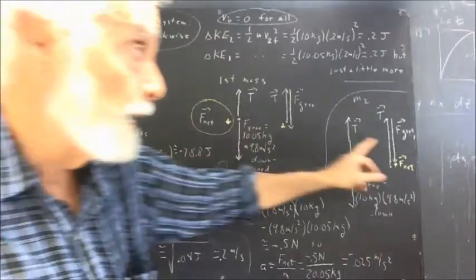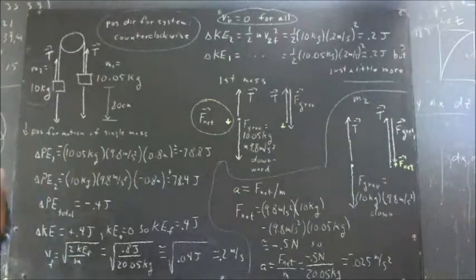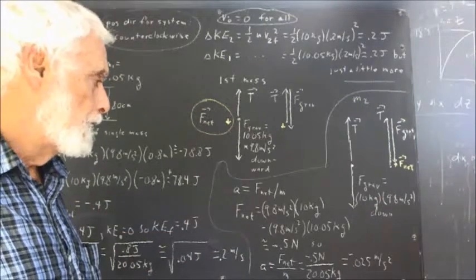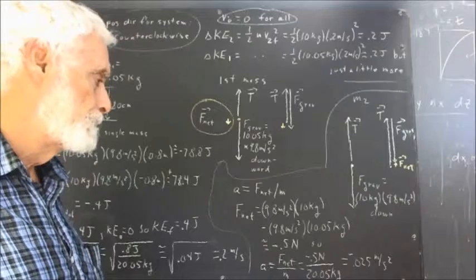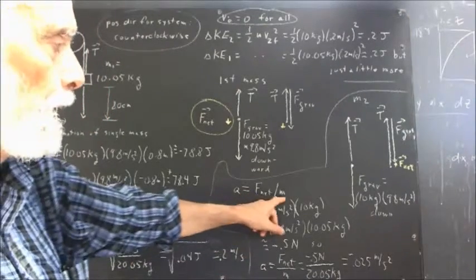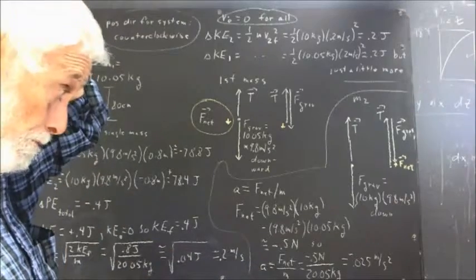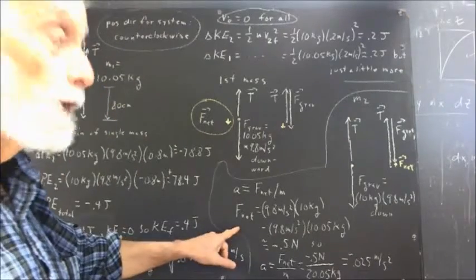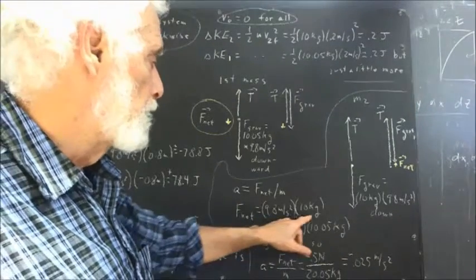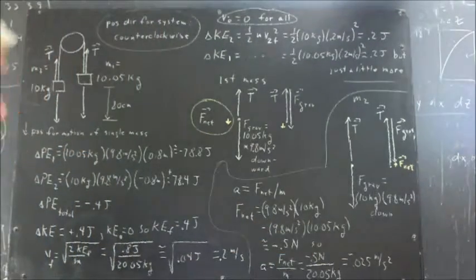And it's important to understand those pictures and every aspect of those pictures. Now, how do we calculate the acceleration? Well, the acceleration of the system is equal to the net force divided by the mass of the system. The net force on the system is what? 9.8 meters per second squared times 10 kilograms.